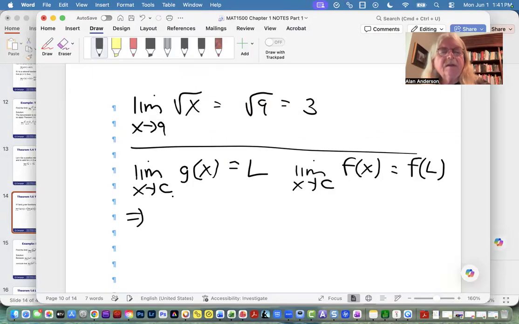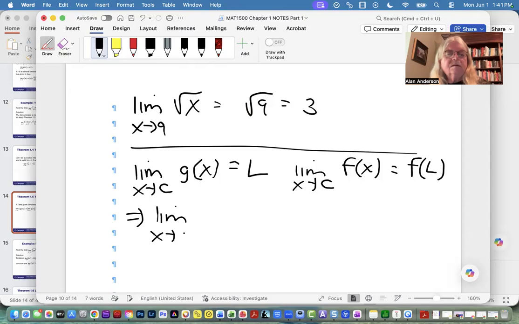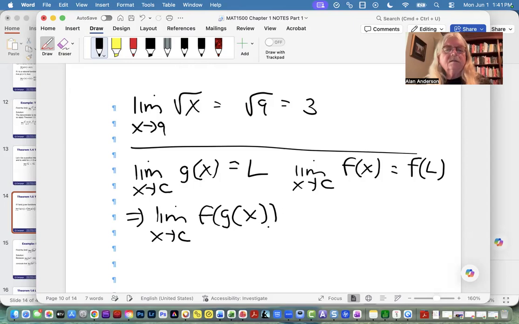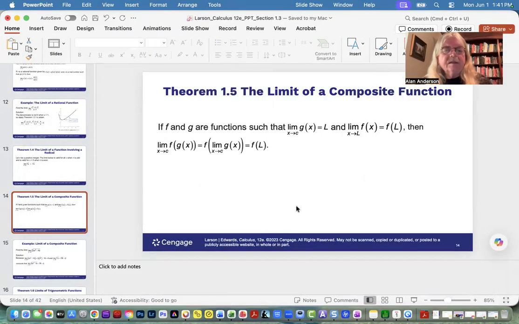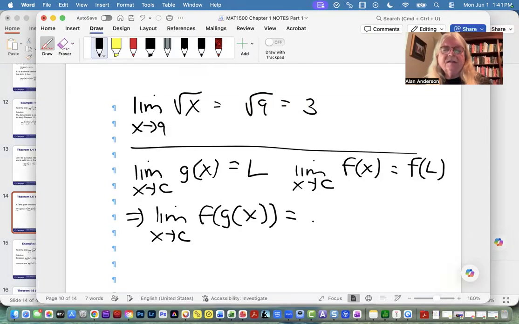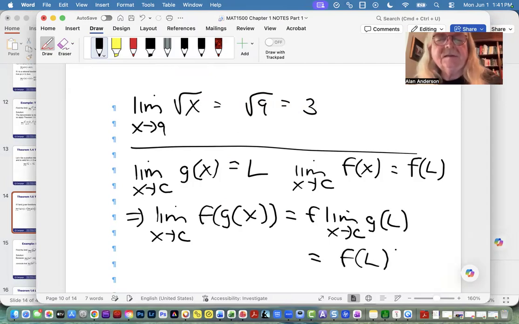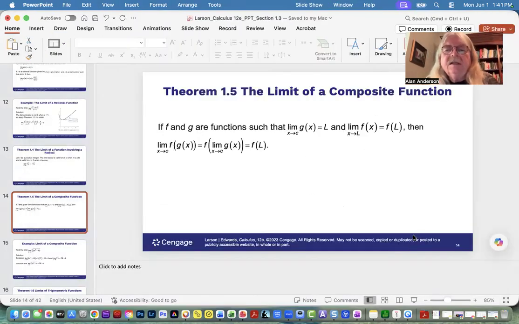That means that the limit of the composite function is going to be f of the limit, f of L. Okay, so that'll make a lot more sense when we see an example.